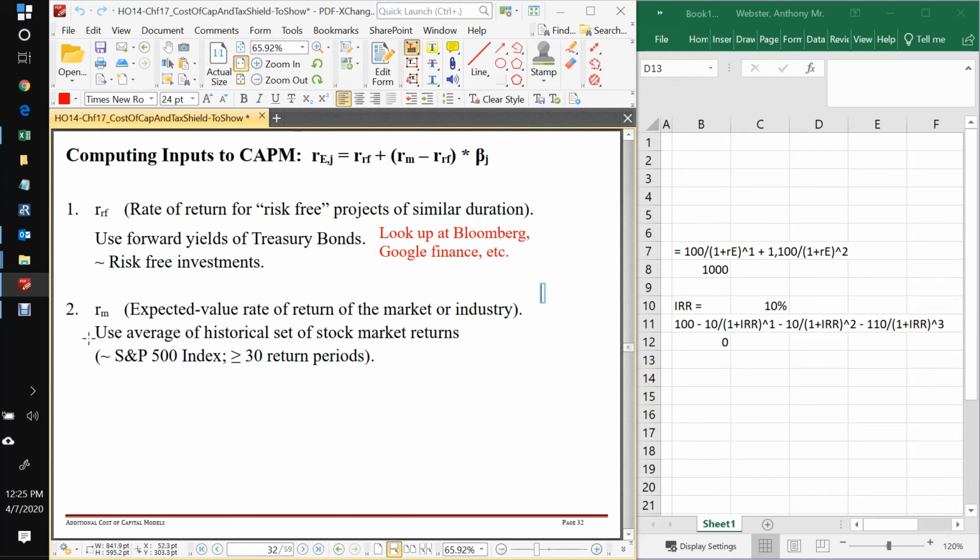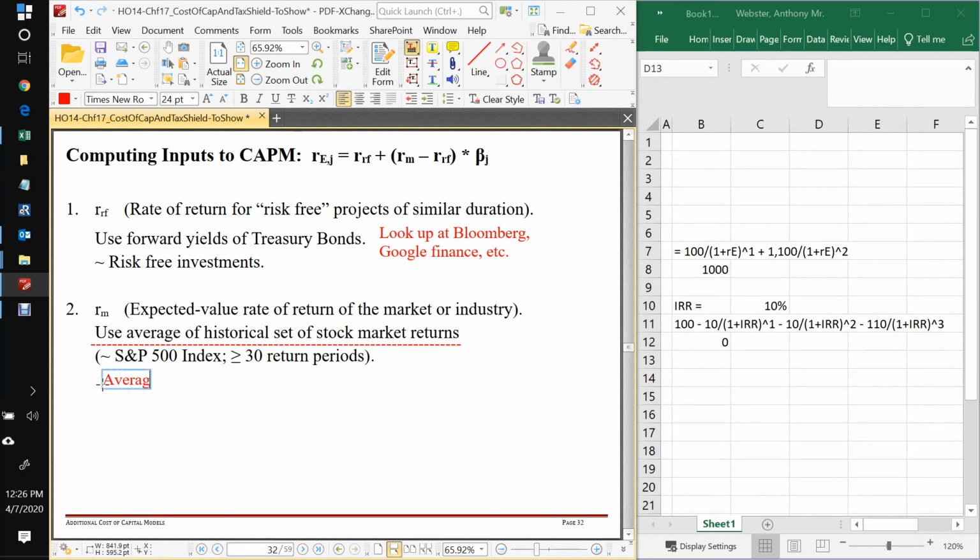The way we'd want to do that is very similar to what we did in the previous chapter, in fact exactly the same. We'd just say, let's represent the stock market by the S&P 500 index, and let's consider 30 or more years, and we'll just take the average return, and that will be RM.